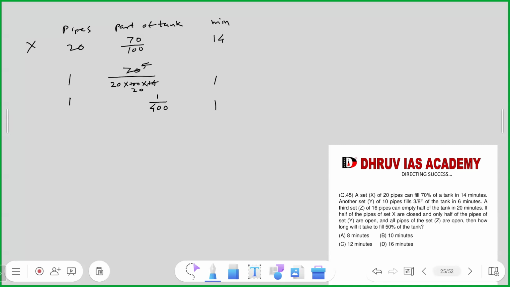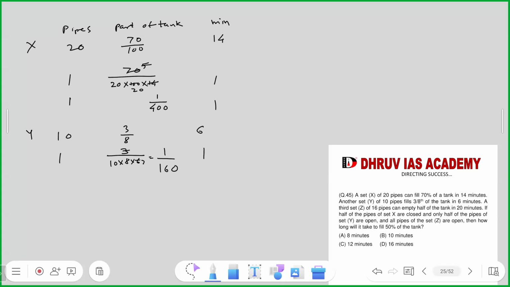Same way for Y, 10 pipes fill up 3/8 of the tank in 6 minutes. So one pipe in 1 minute will fill up 1 by 160 part of the tank in 1 minute.